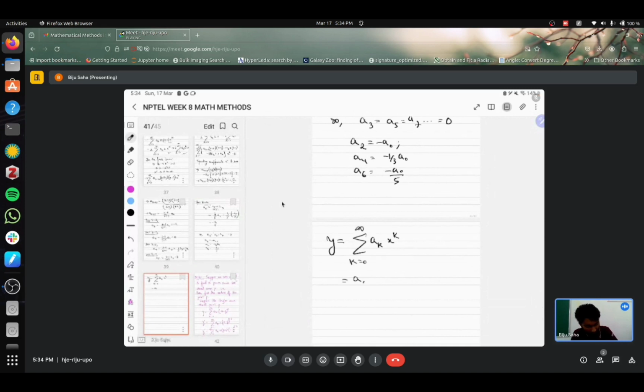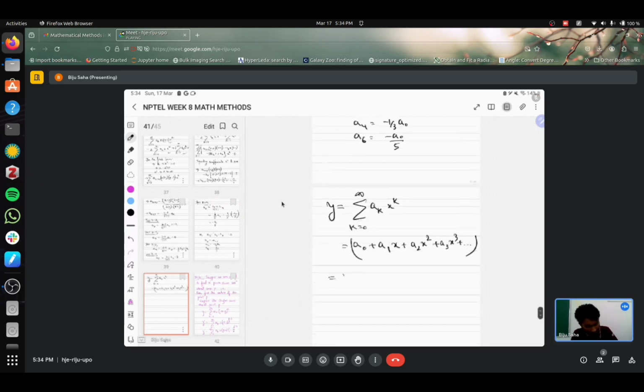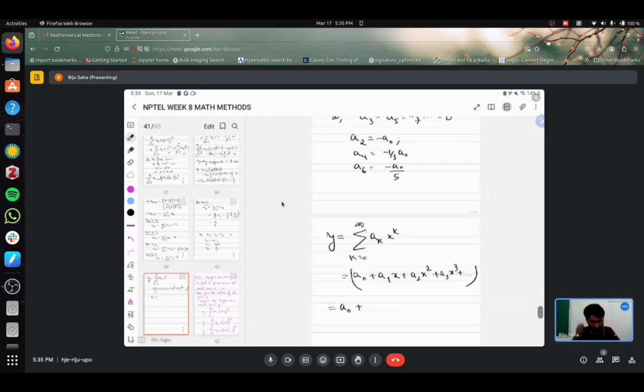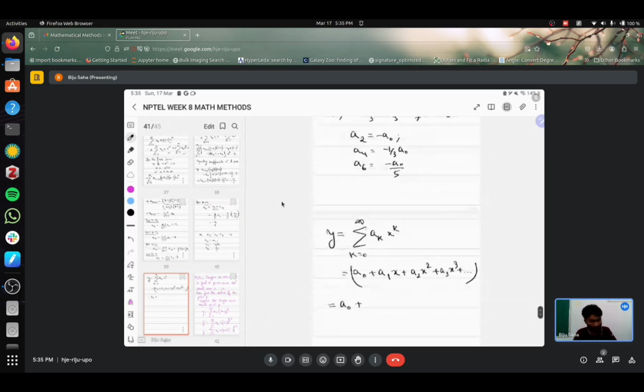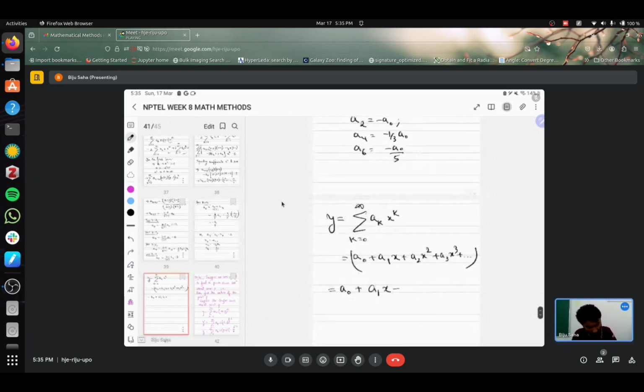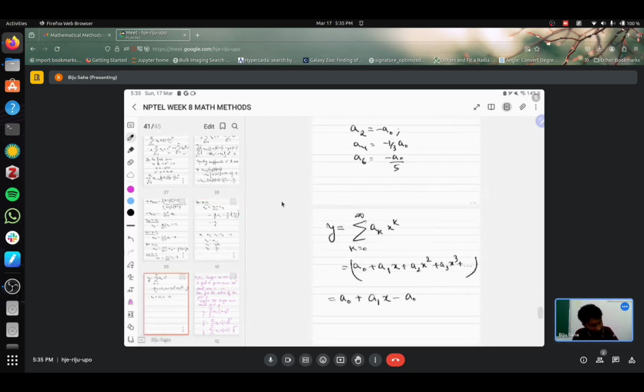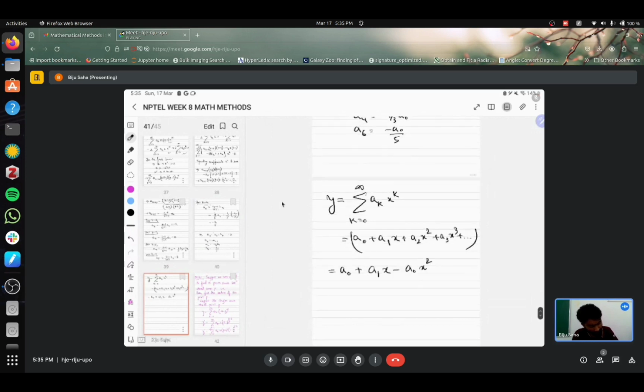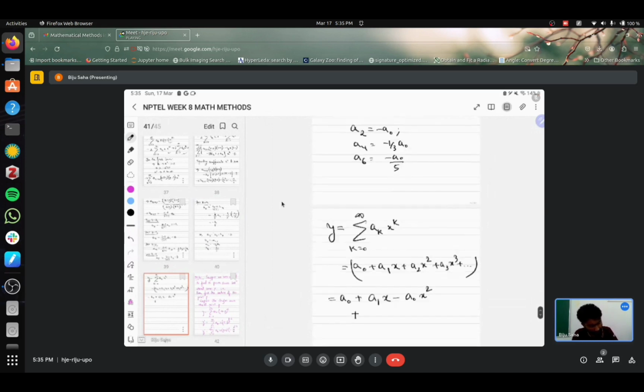So that is basically a0, a1x, a2x square, a3x cube, and so on. So we have obtained the value of a0, and a0 is taken to be a0, and a1 is taken to be a1 itself again, and a2 is minus a0 x square, and a3 is 0, so we concentrate on a4.